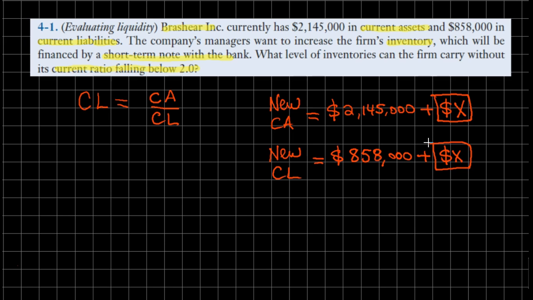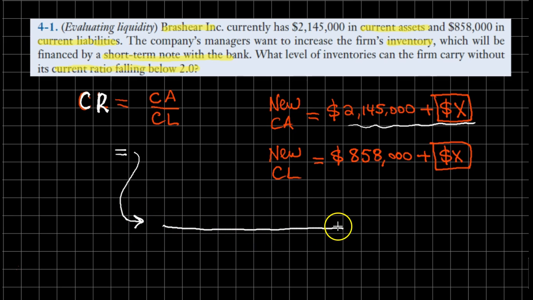So now we can go back into our formula for the current ratio. Sorry for that, that was a typo here. Current ratio here. I might need more space, so let me just write this ratio right over here.